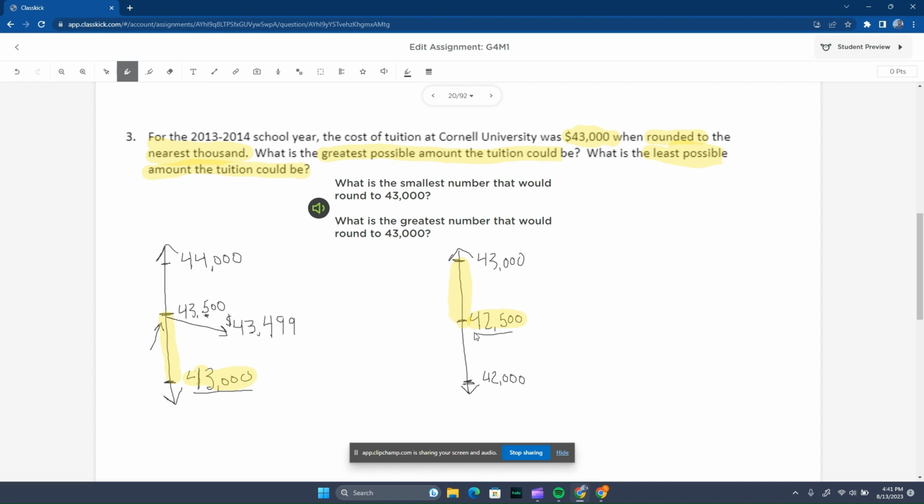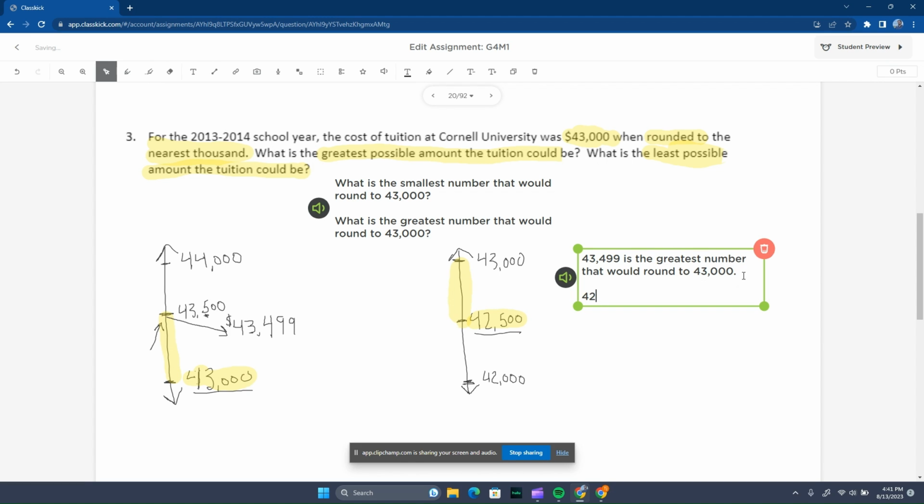So again, any number, including this middle point number and above, would round up to 43,000. So here are my 2 answers. 43,499 is the greatest number that would round to 43,000.